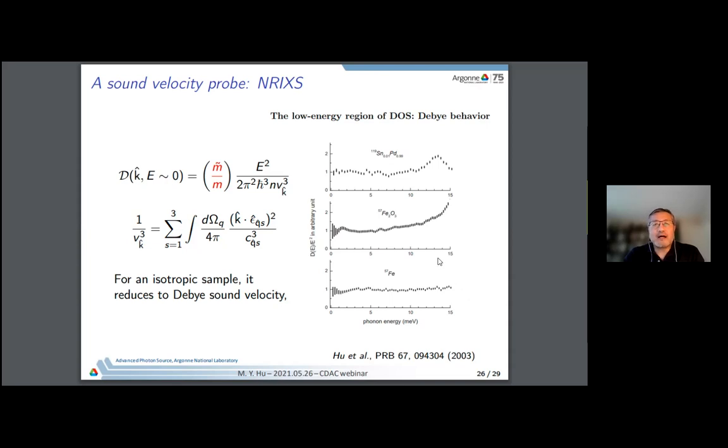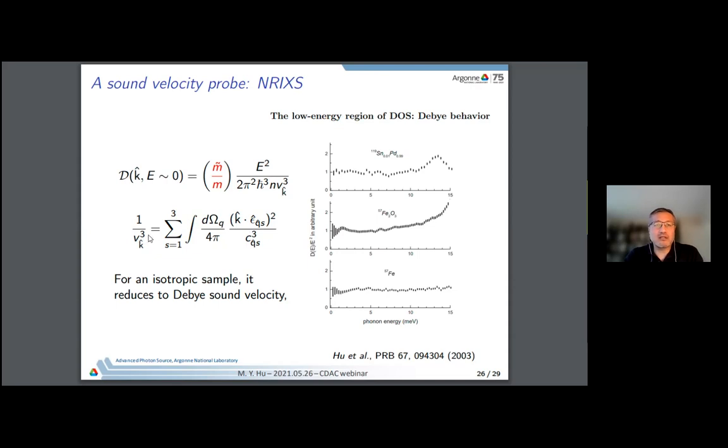So again, if you get this density of states, the low temperature part of most solids is Debye-like. So basically, it's this quadratic dependence. From that you can derive the so-called Debye velocity. And here is the velocity of each dispersion, each branch of phonons.